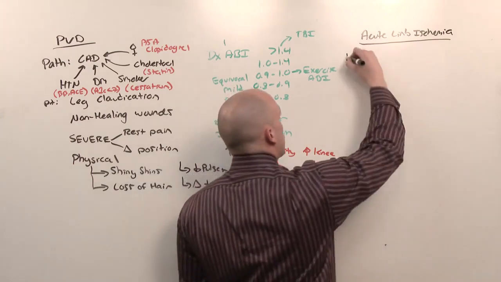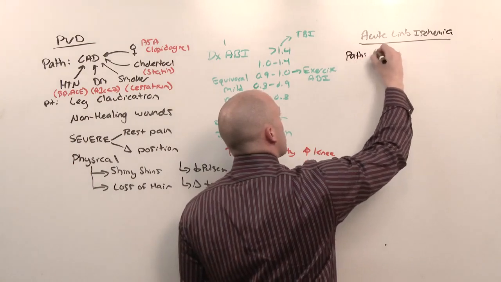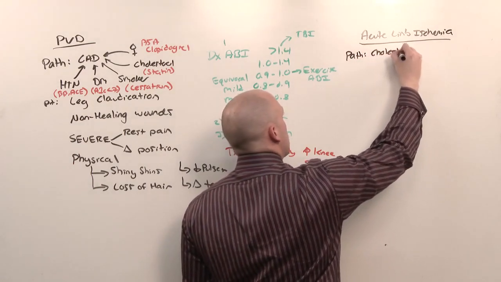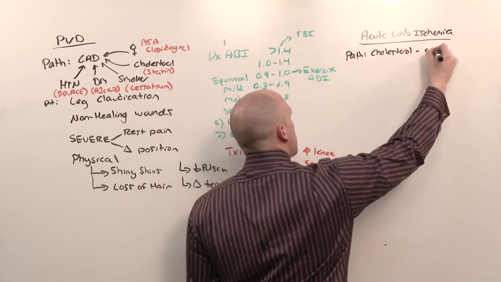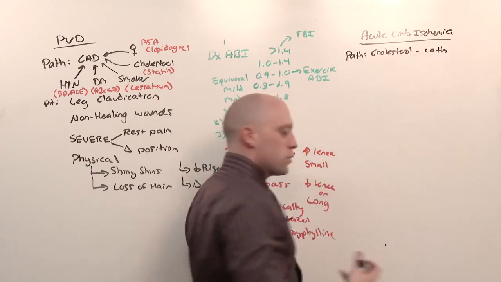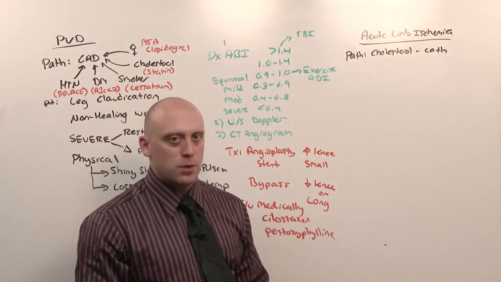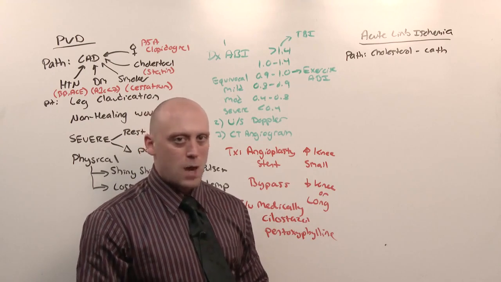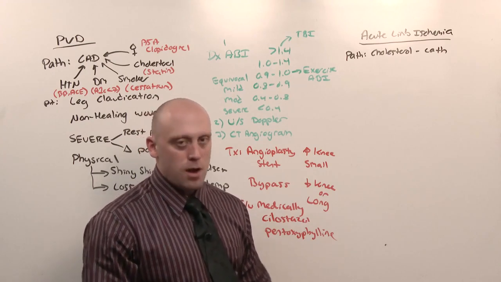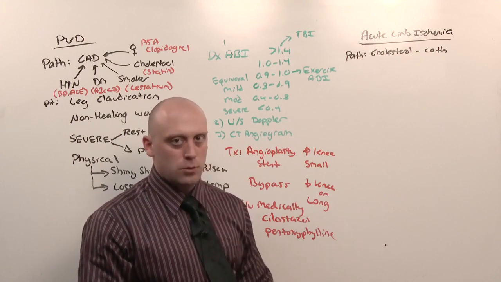This is going to happen in a couple of ways. You can have a cholesterol embolism following a cath. This is more useful for a vignette. If you see in the vignette that they had some manipulation of the aorta, or there was an angiogram or something like that, and now they have acute limb ischemia, it's cholesterol embolism.